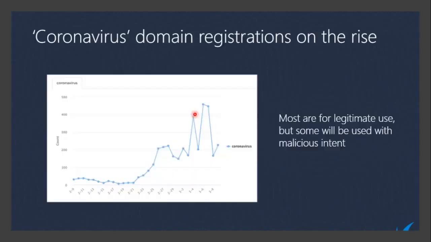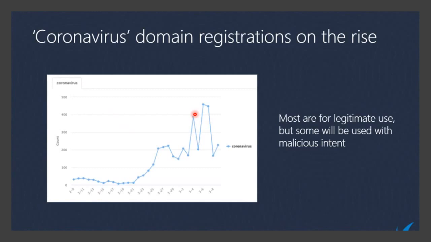In the past 2 months, we have seen that domain registrations for coronavirus-related websites have increased. As you can see, from the 9th of March to the 8th of March, there was an increase in the number of domain registrations related to coronavirus.